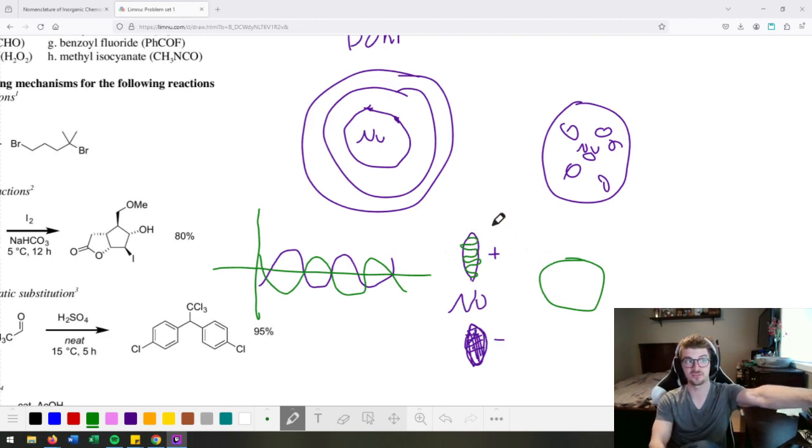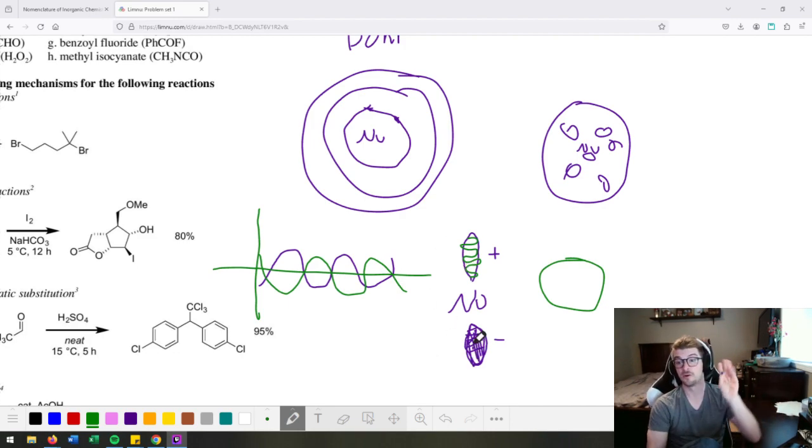This one with two lobes is one orbital, and in that one orbital there are two electrons, and that's all that any orbital has capacity for. You can't fit a third electron into an orbital.